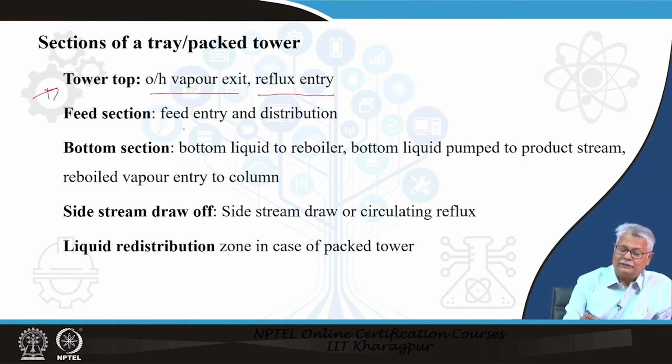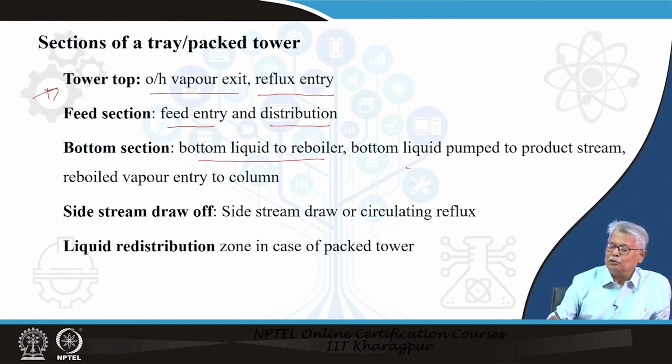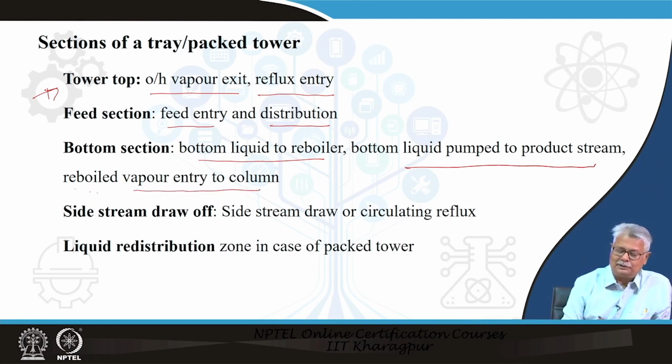You will have the feed section which will have the feed entry nozzle and the distribution of the liquid. In the bottom section, the bottom liquid will be sent to the reboiler, and it will also go to the pump to be sent out as a product stream. In the bottom section, there has to be a vapor entry to the column which is coming from the reboiler itself.